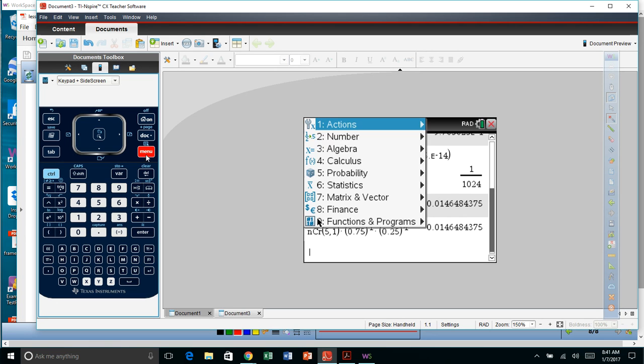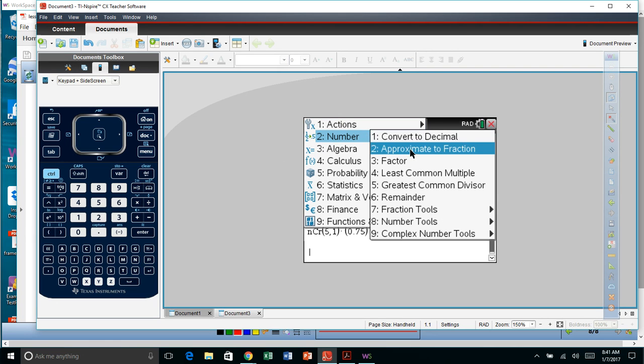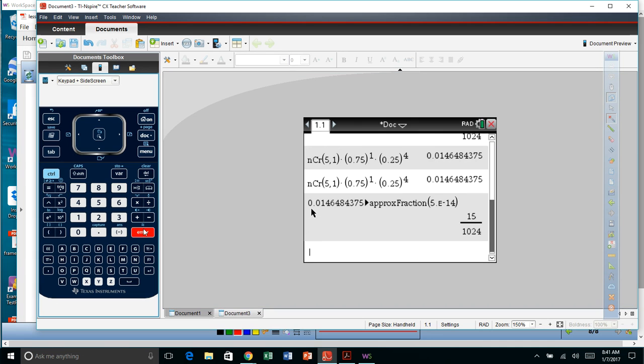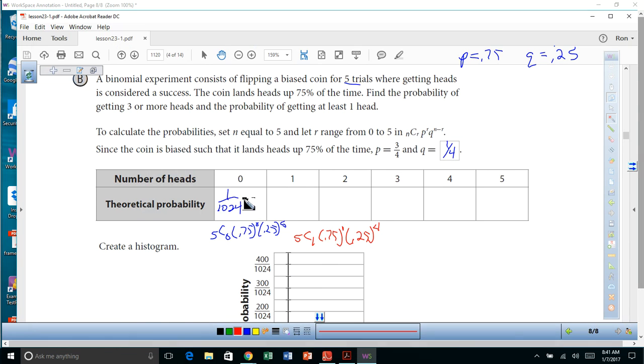Menu 2, 2. 15 over 1024. So that's going to be 15 over 1024.